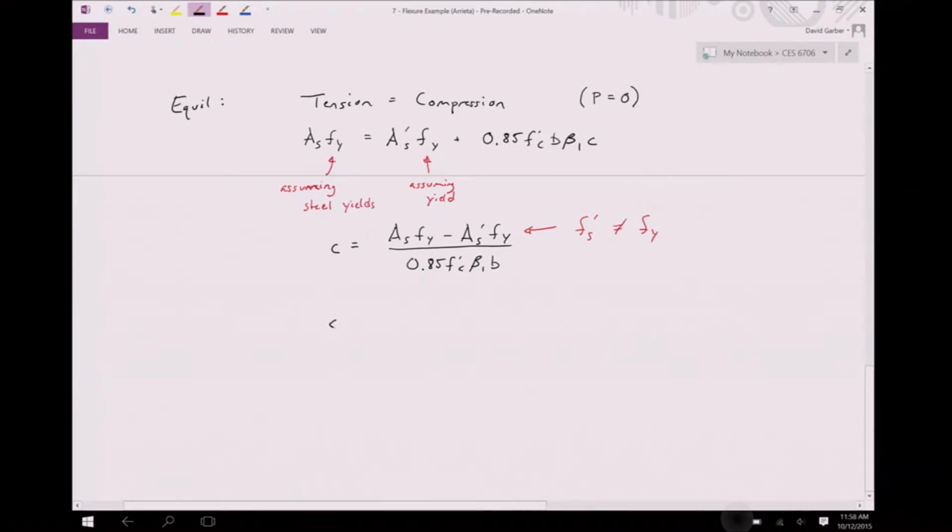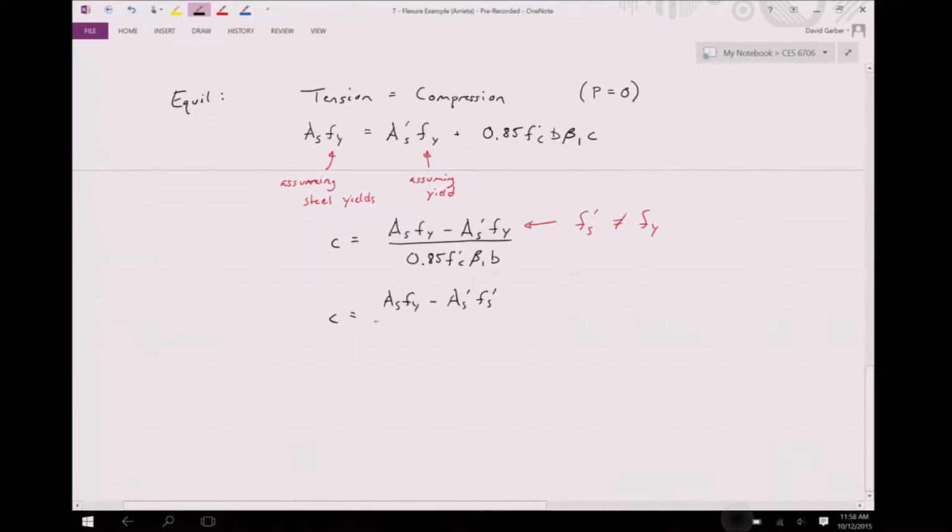So we'll just switch that right here, and we'll say As fy minus As' fs' over 0.85 f'c beta 1 b. I can note that we have an equal amount of compression and tension steel.